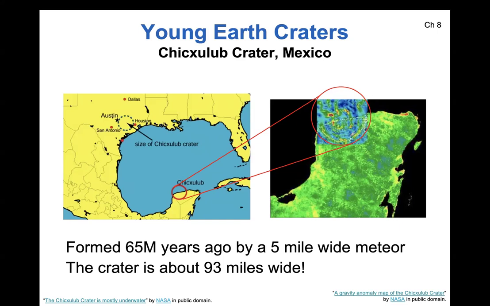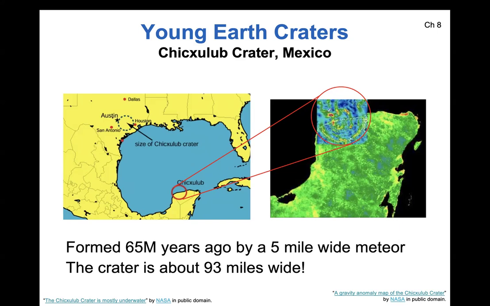The crater, however, is not easily seen. You're not going to notice it on a ground-based survey. Instead, you're going to see it with satellite imagery and radar, because a lot of it is under the water.